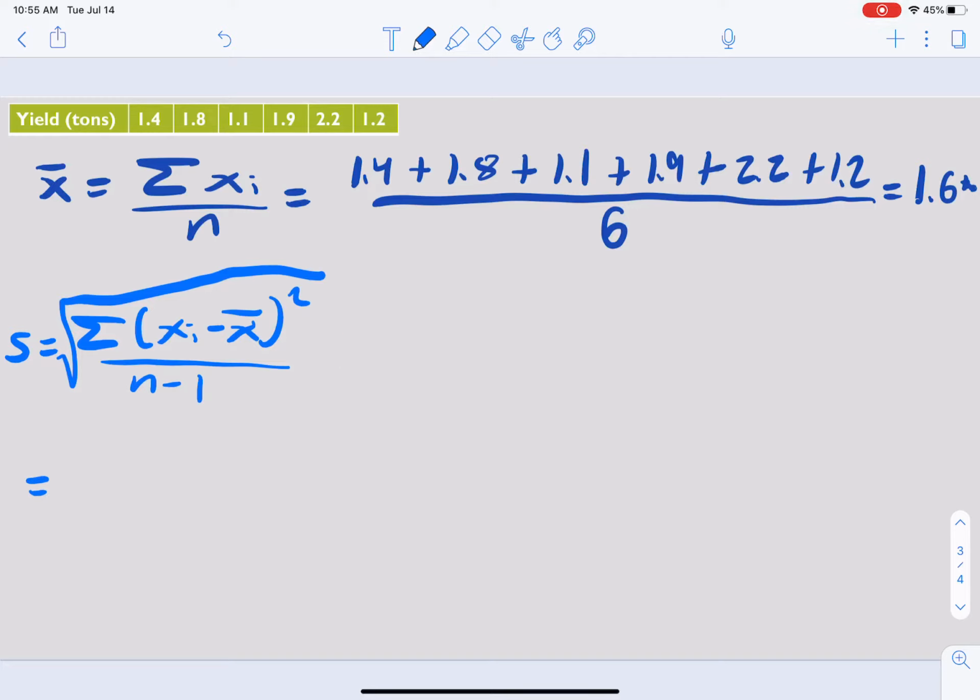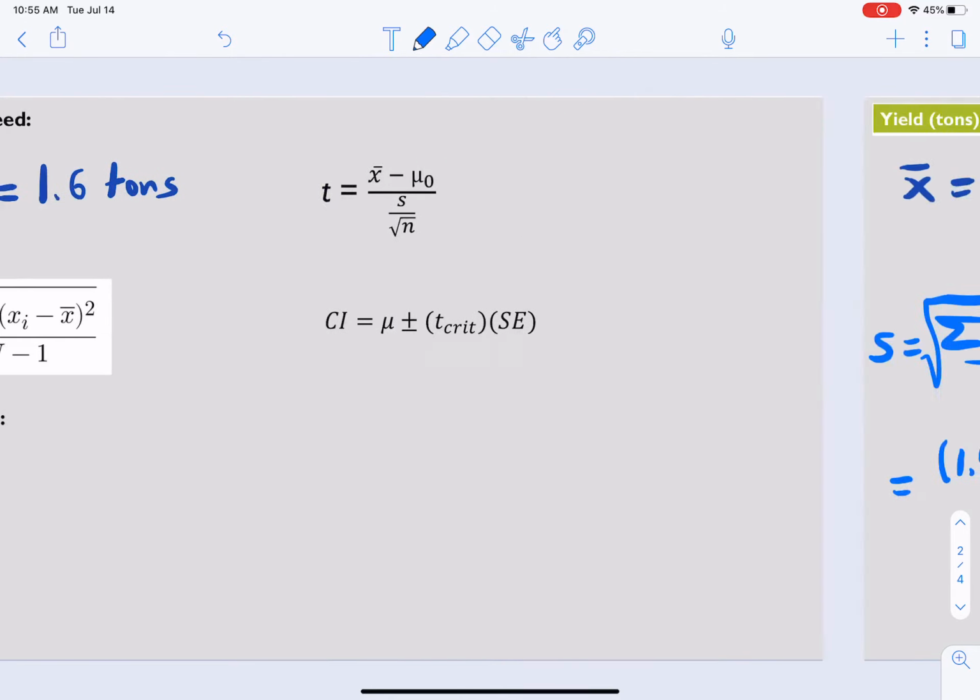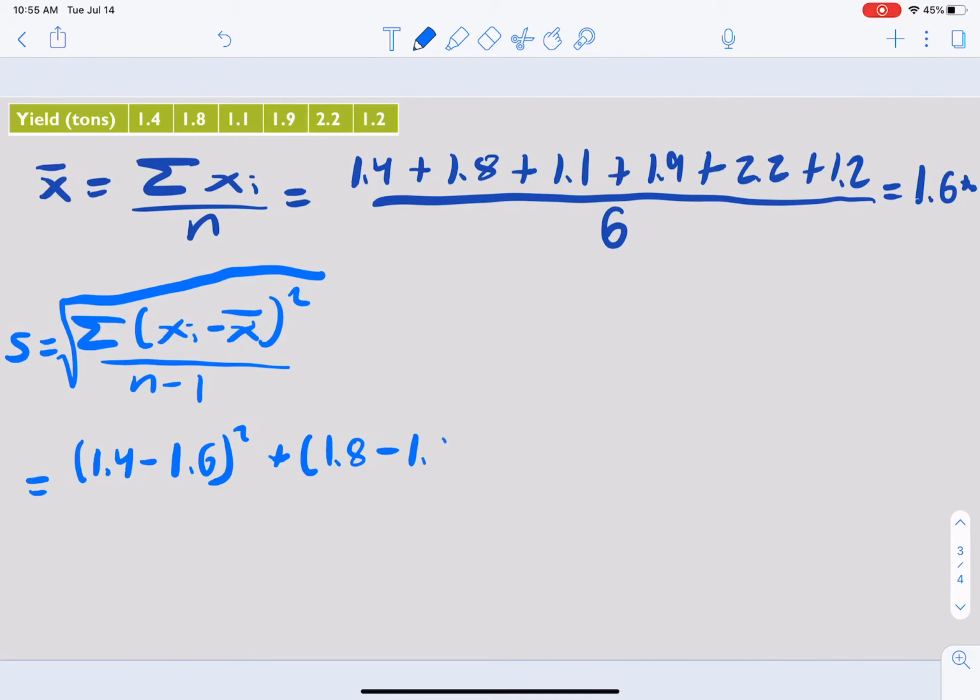Okay, so xi, right, 1.4 minus the mean, 1.6 squared, plus, do it again, 1.8 minus 1.6 squared, right? Yeah, just double checking. Plus 1.1 minus 1.6 squared. Boy, I'm going to run out of room here. 1.9 minus 1.6. I'm going to have to really squish it.